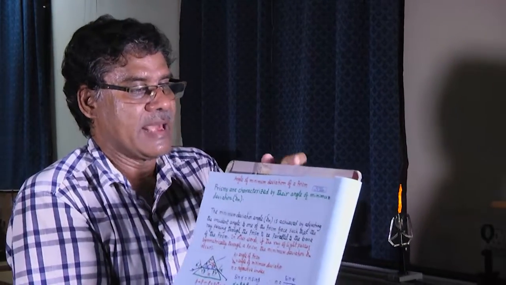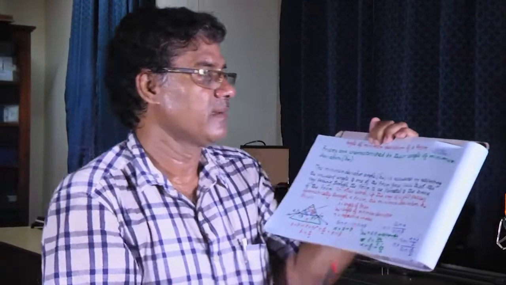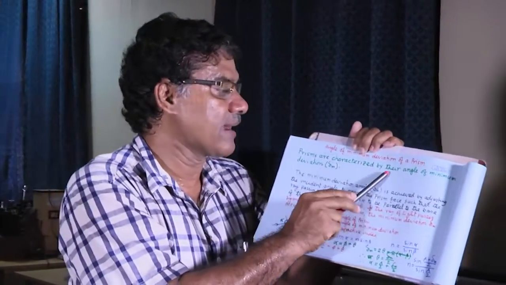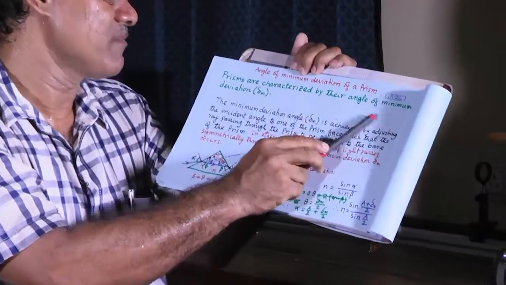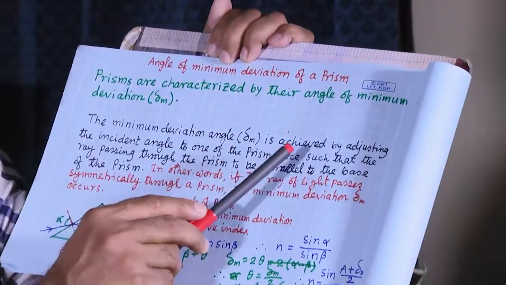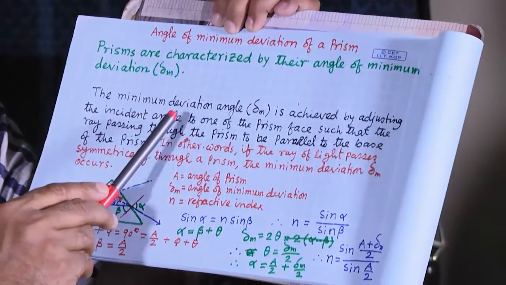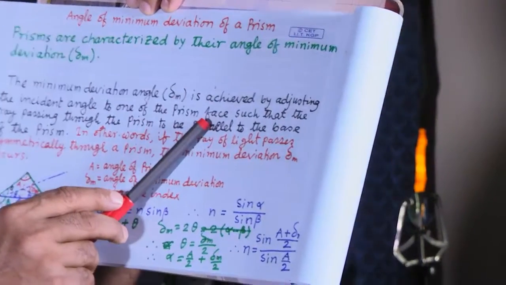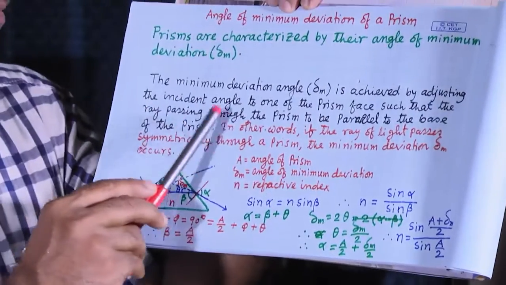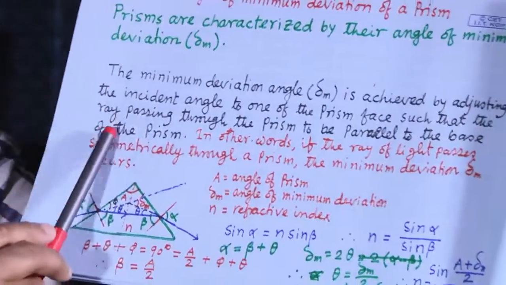Now another important characteristic of a prism is the angle of minimum deviation. Prisms are characterized by their angle of minimum deviation. The minimum deviation angle is achieved by adjusting the incident angle to one of the prism faces such that the ray passing through the prism is parallel to the base of the prism.